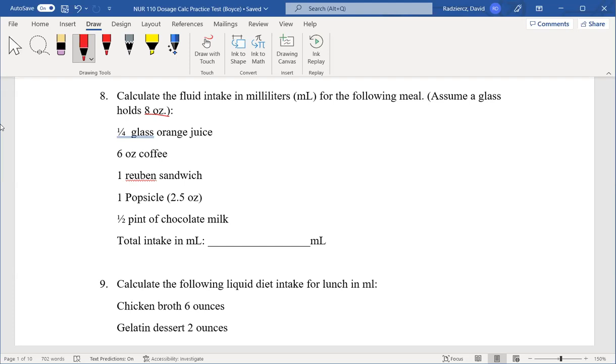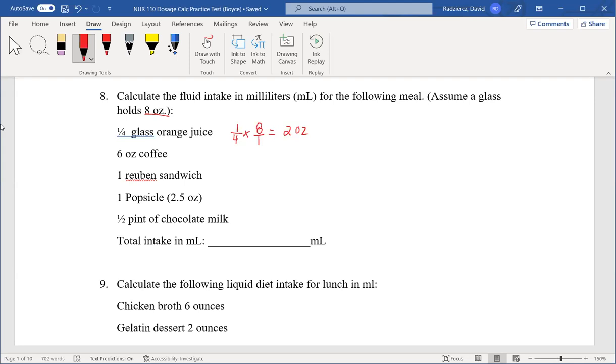Anytime you see 1/4 and you know that it's 8 ounces, all you're going to do is take 1/4 times the 8 ounces. So that's 8 over 1, which is the same thing as 2 ounces. Alternatively, you could just say 8 divided by 4, which again is 2, or you can say half of 8 ounces is 4 ounces, and then half of that would be 2 ounces.